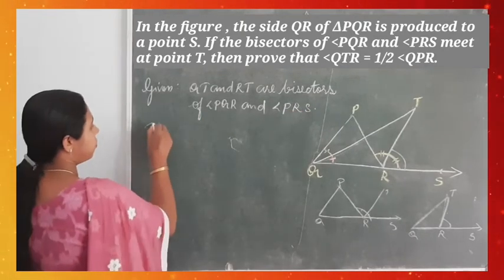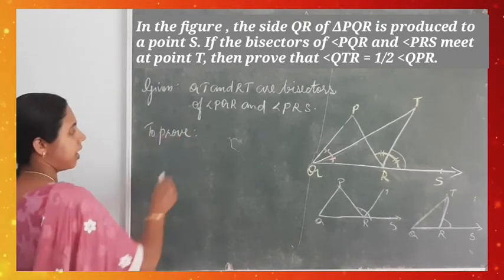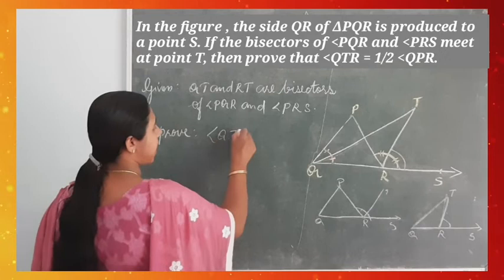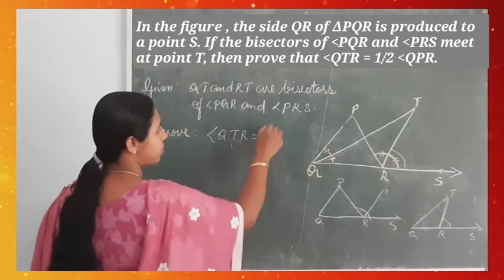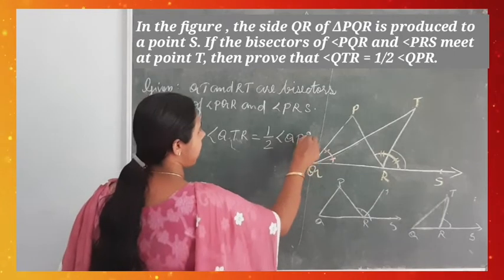Then to prove, angle QTR is equal to half of angle QPR.